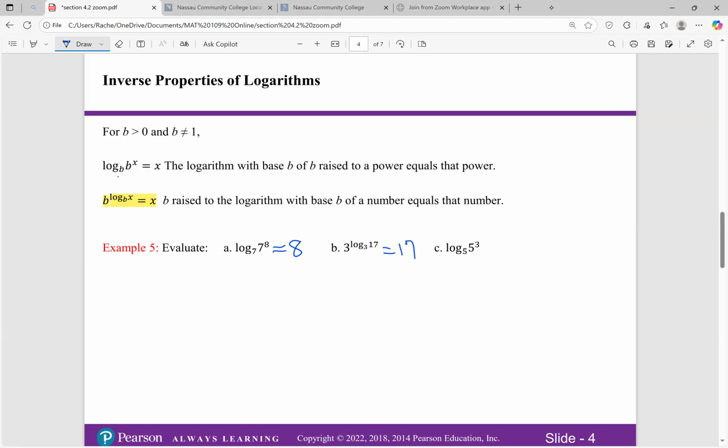Because look, if I were to rewrite this expression, because it's in exponent form right now, right? We have base 3, but if I were to write it as a log, I would have log base 3 of 17 equals the exponent, which is log base 3 of 17. They're equal. And then C, we have log base 5 of 5 to the 3rd. And that's going to equal 3. Because 5 raised to the 3rd equals 5 to the 3rd.